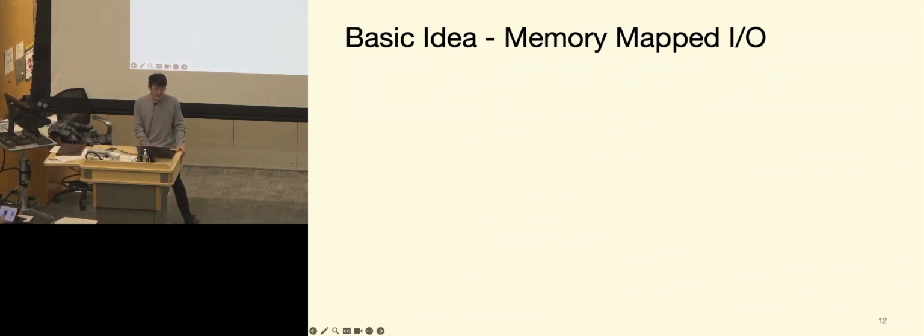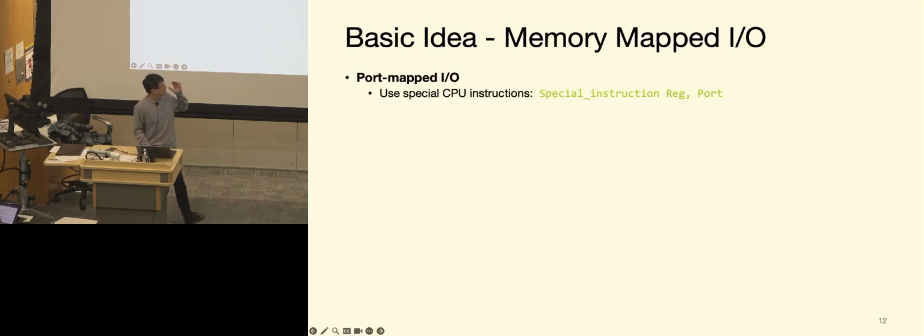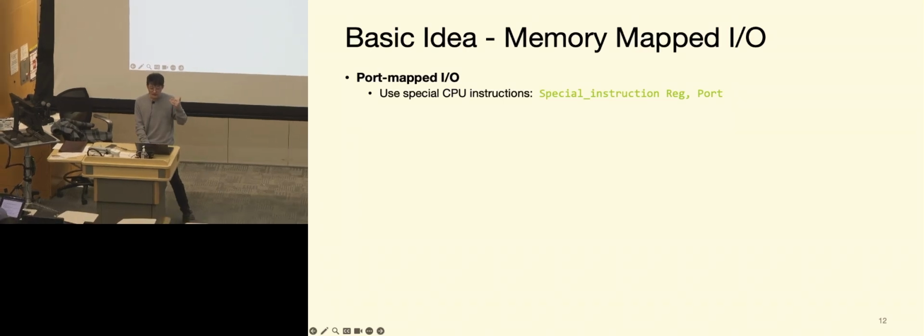And a little bit on the basic ideas of the memory map and why we use it. There are different alternatives to this type of structure, for example what is called port-mapped I/O, which was usually used for more general computers.